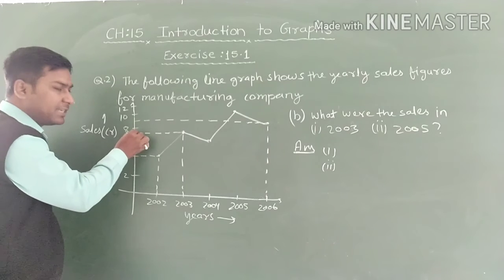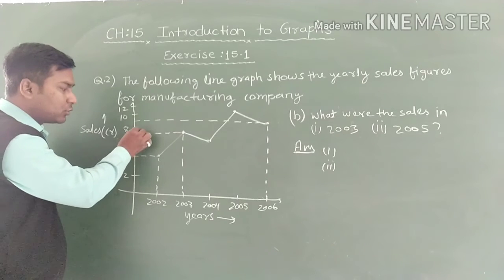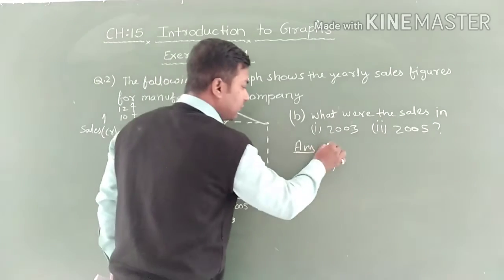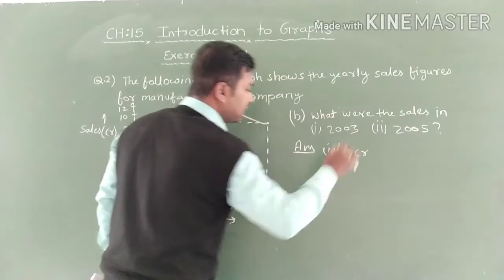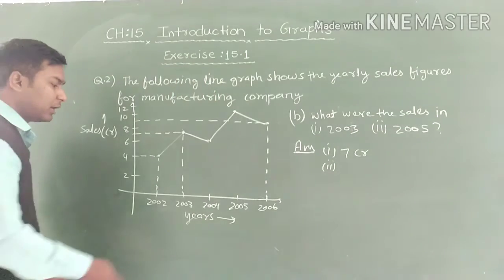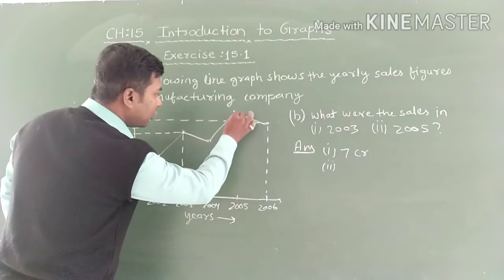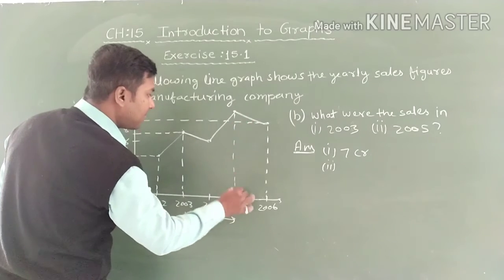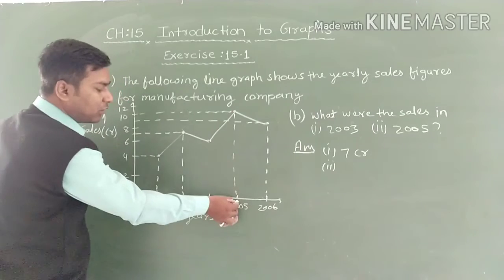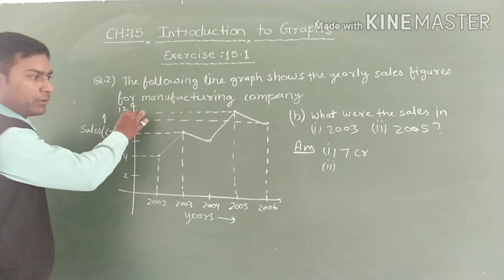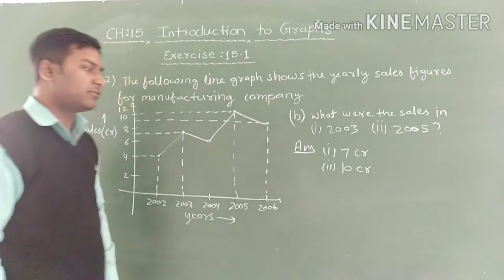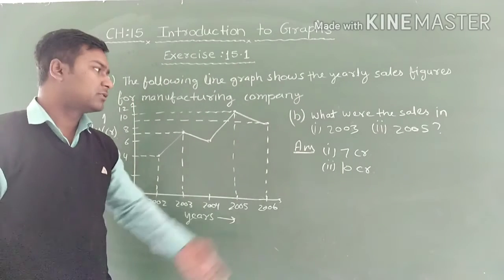So at 2003 the sales were 7 crore. Now the second one, at 2005, we again draw a dotted line. At 2005 the sales were 10 crore. Now that was part B.